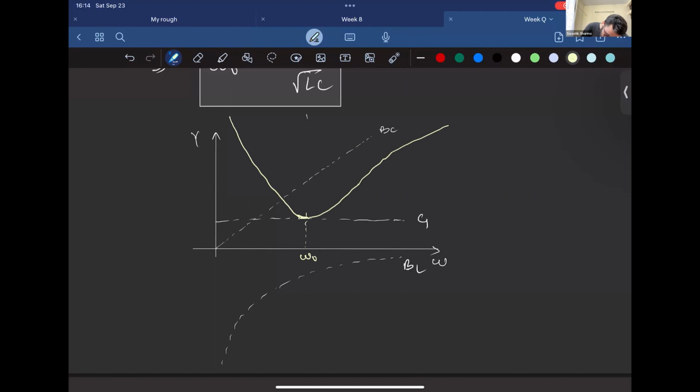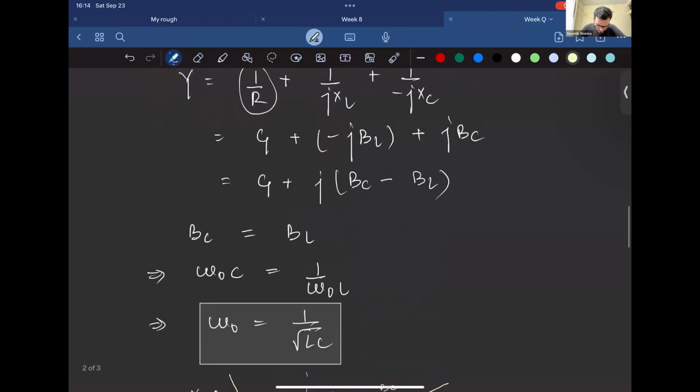So which region will be inductive? This region will be inductive, and this will be capacitive. So that's how our admittance versus omega curve would look like.